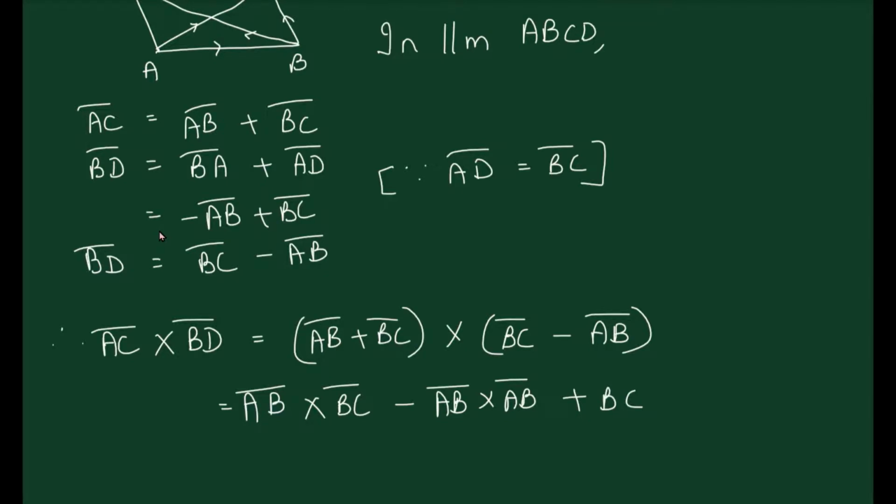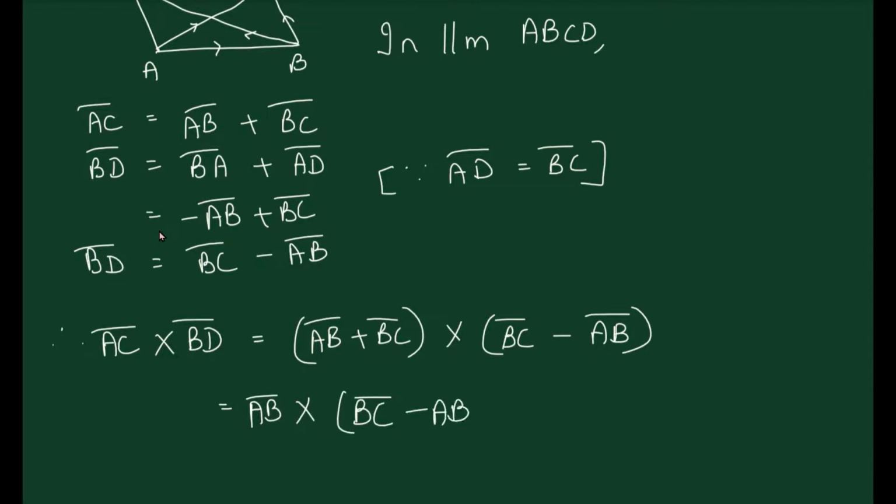Let me show you the next step as well, because it will be simpler then. So we do it this way: AB cross BC minus AB plus BC cross BC minus AB. Okay, I hope you are understanding now.